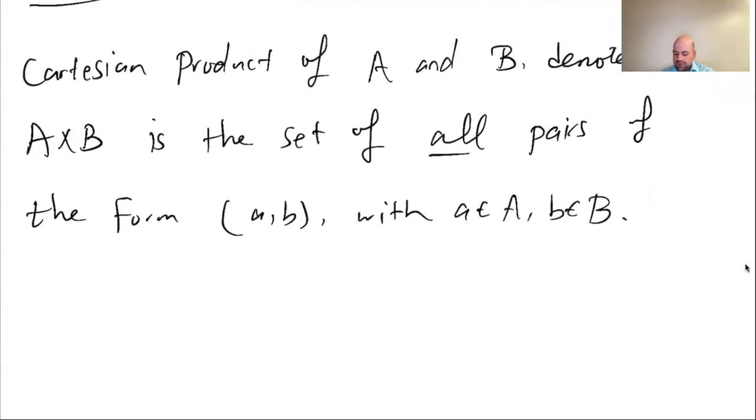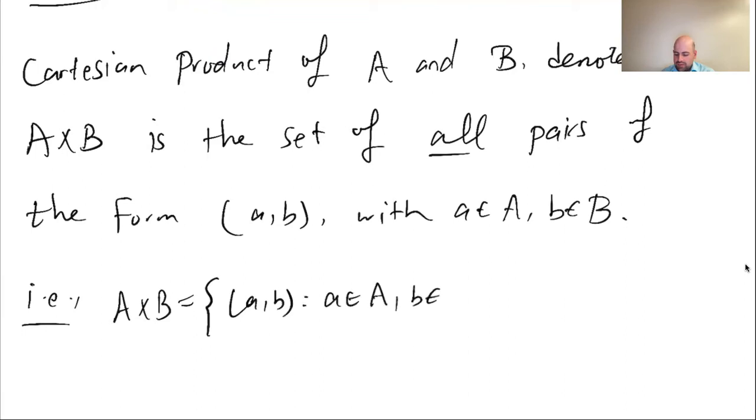So mathematically, in other words, A cross B is all pairs (a, b) where a belongs to A, b belongs to B.